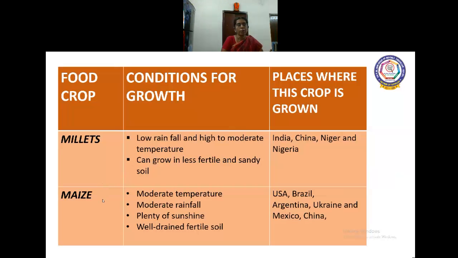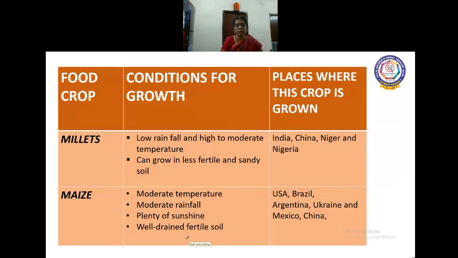And when we move on to maize, this is a food crop as well as a fodder crop, and it is also known as corn. It is grown in moderate temperature, moderate rainfall and plenty of sunshine is required for growing this crop maize. And well-drained fertile soil. What does fertile soil mean?